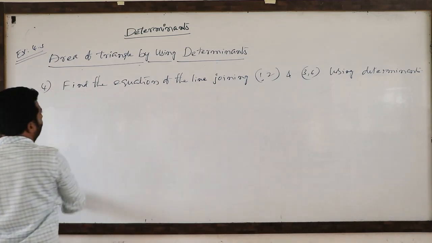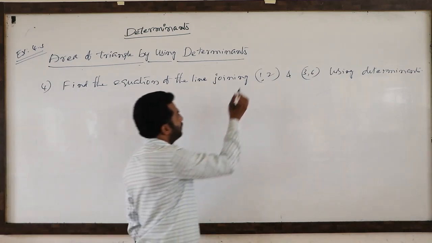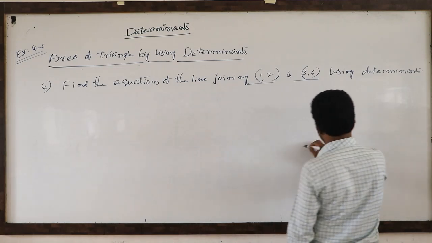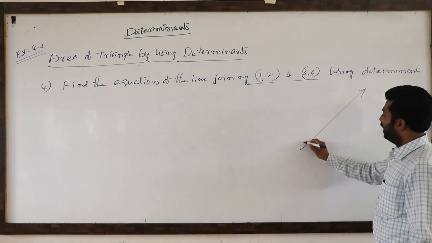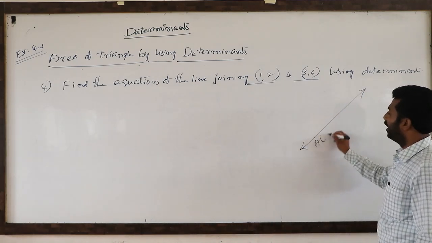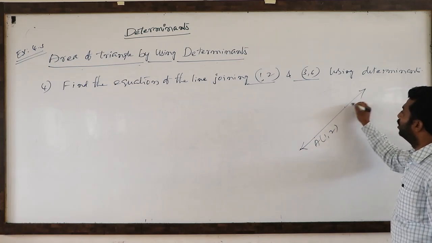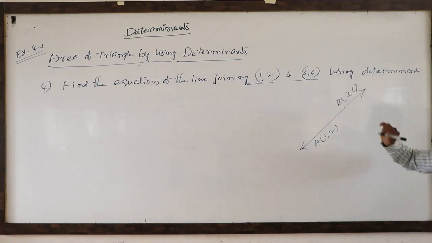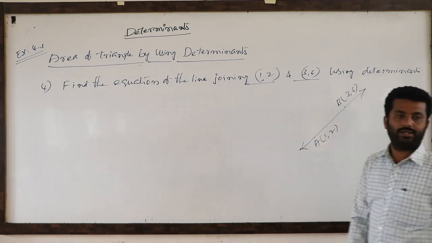What is the equation of the line joining the 2 points? This is A, this is B, we will assume. See here, suppose this is a line. This is the point A, 1 comma 2. This is the point B, 3 comma 6. This line equation we have to calculate.